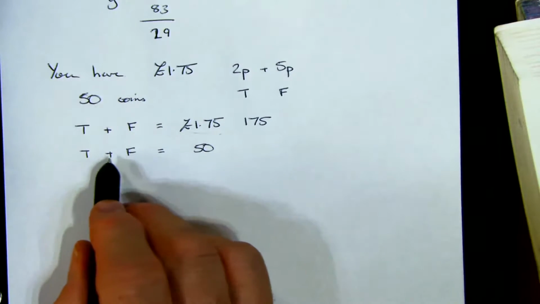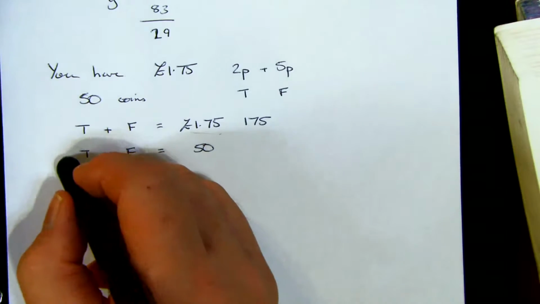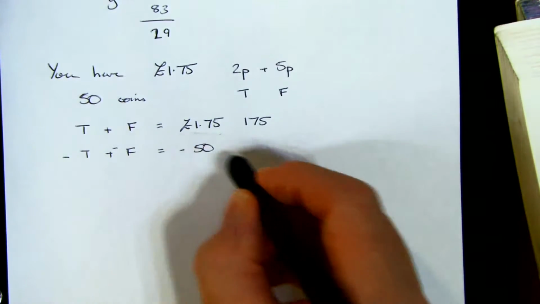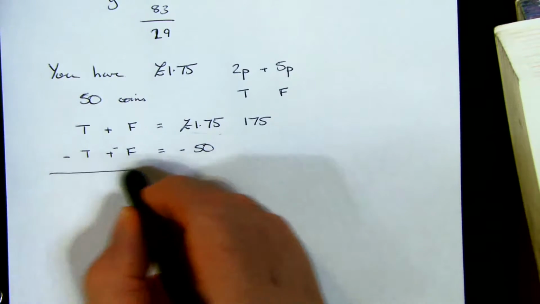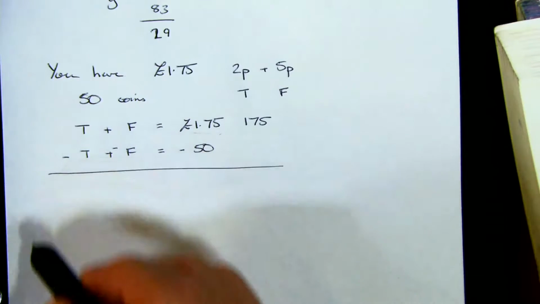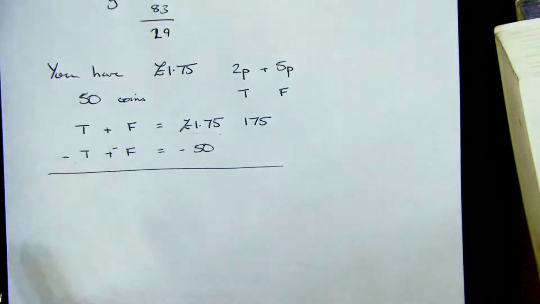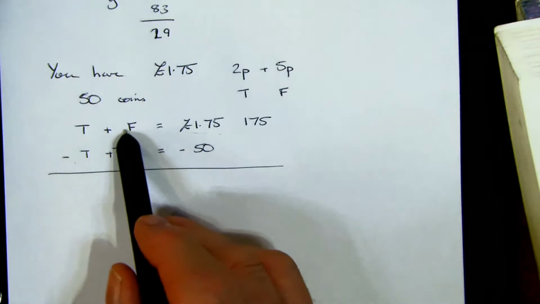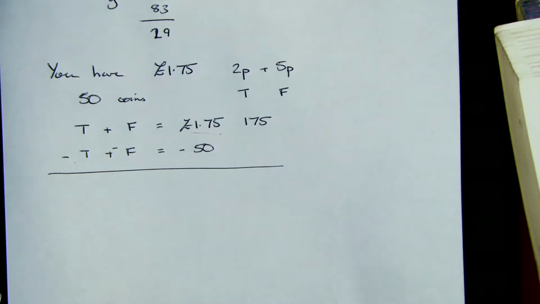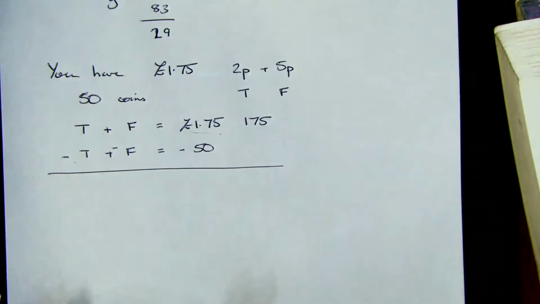I want to find out one of these, so let's eliminate one of them by making them negative. Oh dear. Well, that's not going to work, is it? Because my T's and my F's are both going to eliminate. So it's not going to quite work out in the same way.